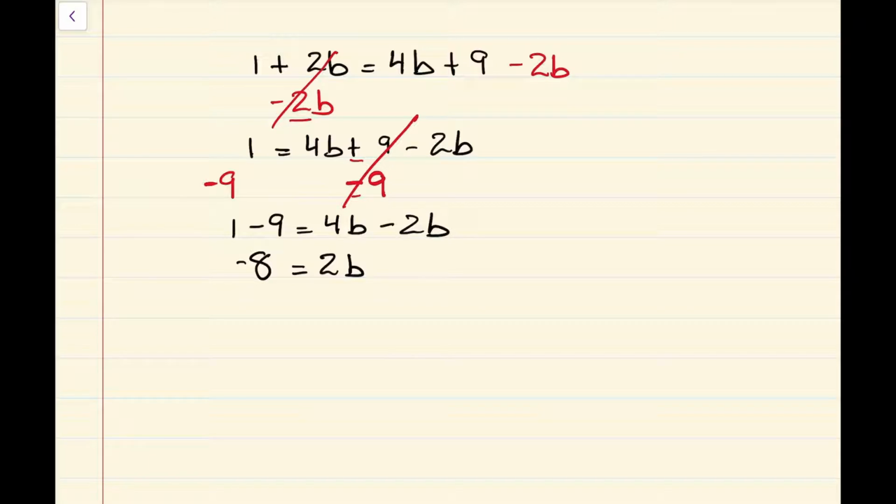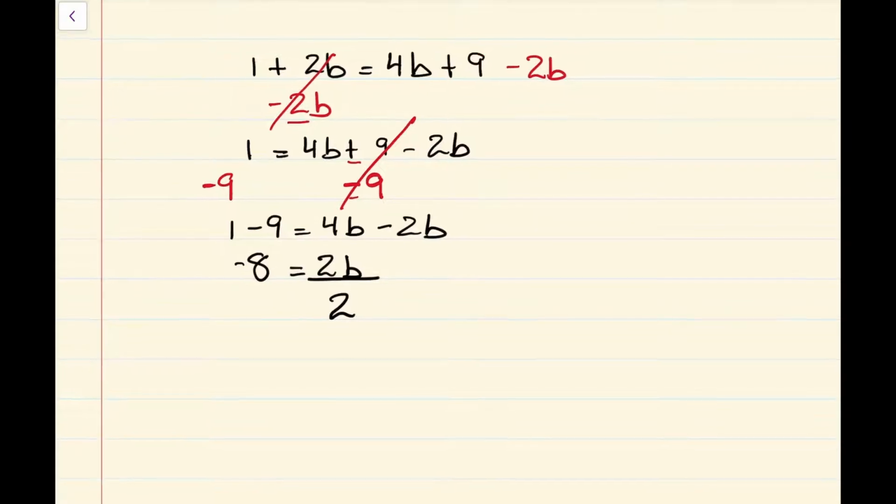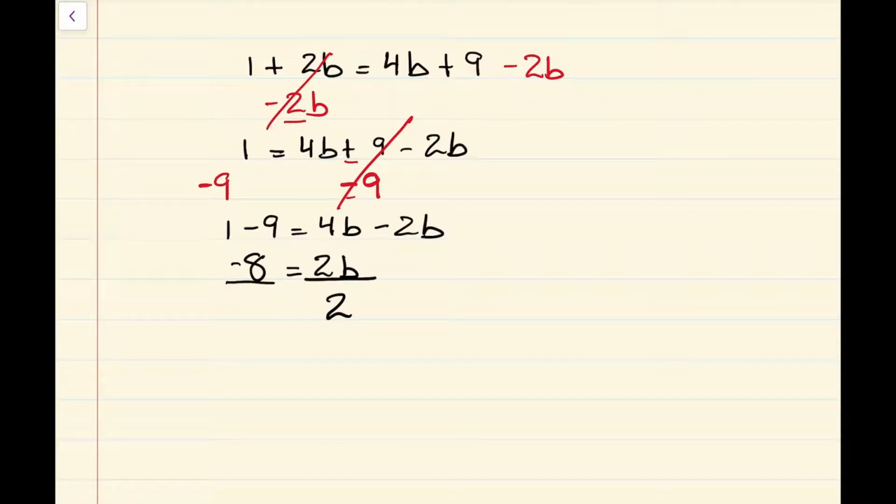So to get rid of it, all we would have to do is divide by 2, because 2 divided by 2 is just 1, and 1b is equal to b. So because we divided by 2 on this side, we would also have to divide by 2 on this side. These two cancel out. So then b is going to be equal to negative 8 divided by 2, which is just negative 4. So b is equal to negative 4.